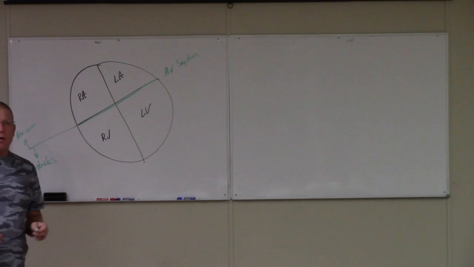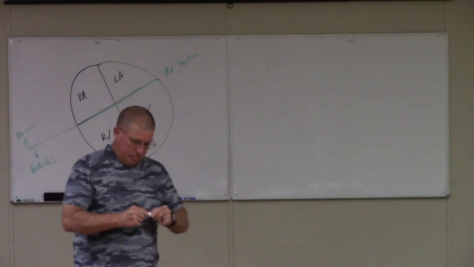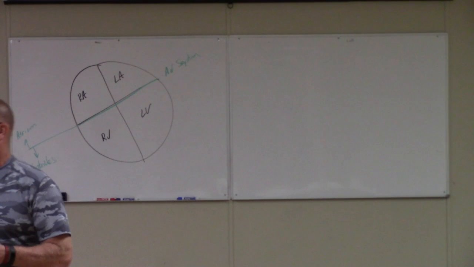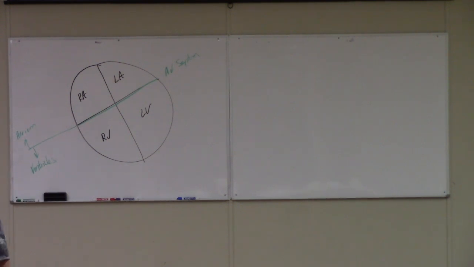So we talked earlier about the cardiac muscle. What is something unique about the cardiac muscle itself, Gabby? What's something unique about cardiac muscle that no other muscle has? It has its own electrical system.